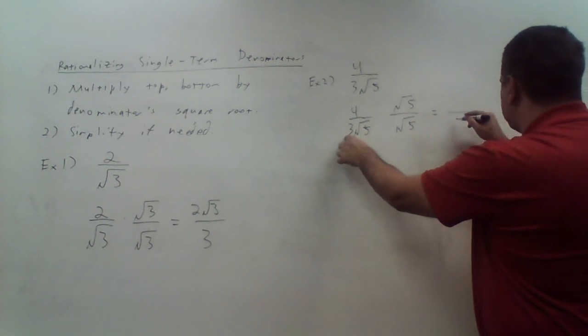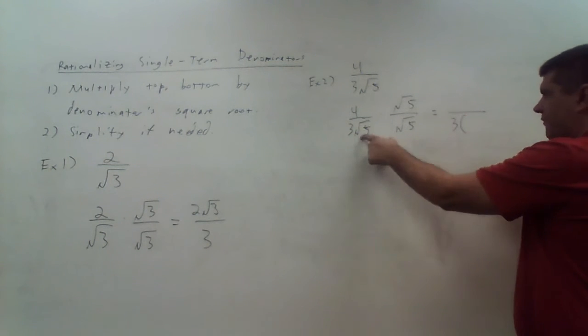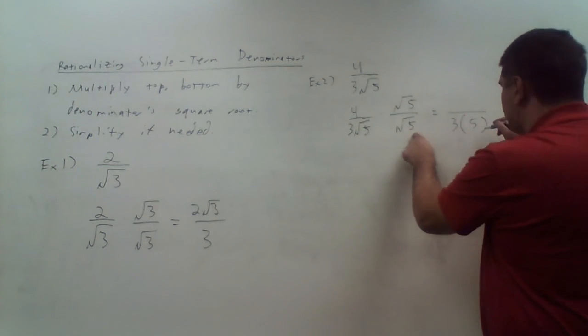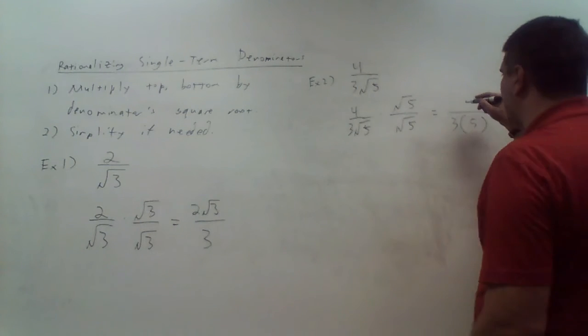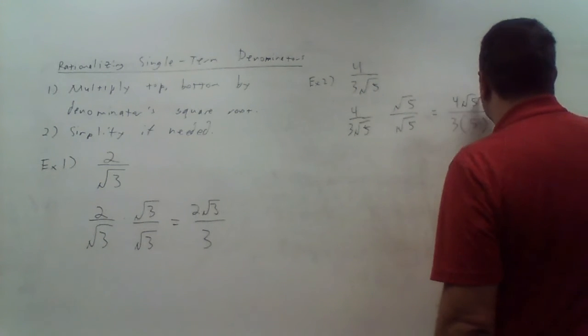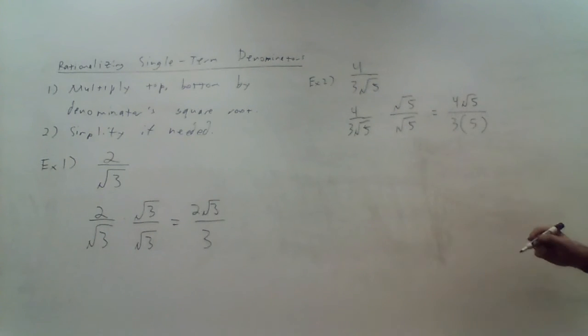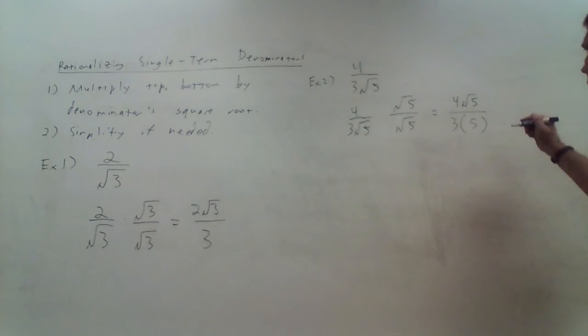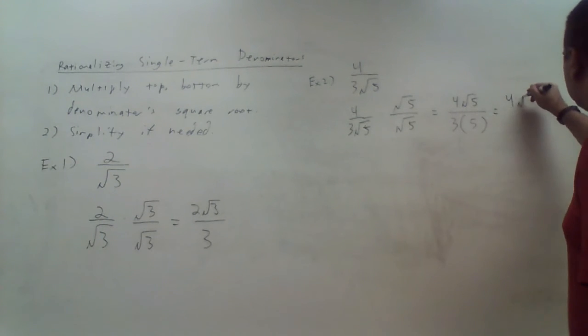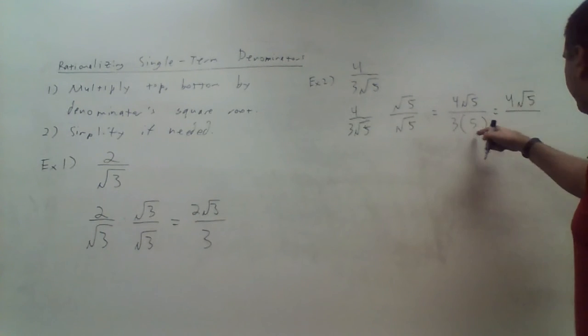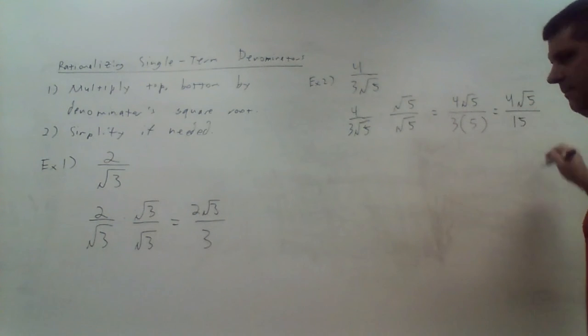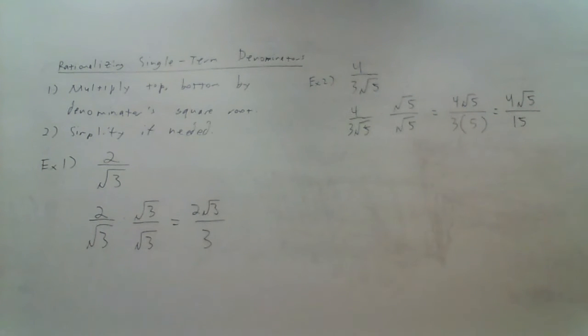That's also going to be multiplied by 3. And up here, we're going to have 4 times square root of 5. And the final result of this will be 4 square root of 5 over 3 times 5, which is 15. Okay?